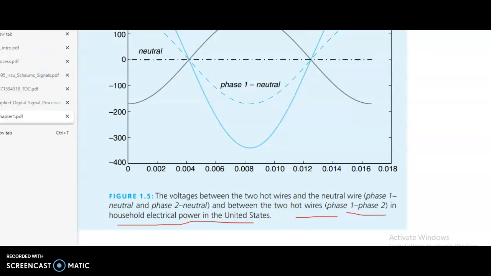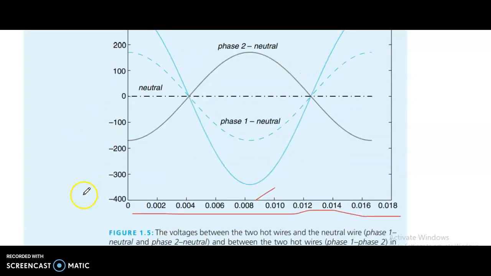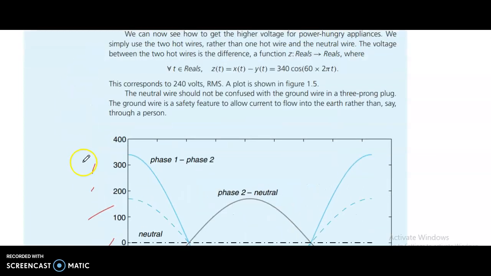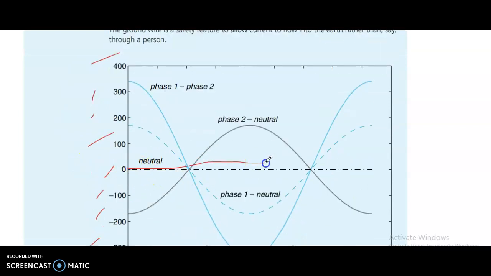On the x-axis: 0.002, 0.004, 0.006 up to 0.018. On the y-axis: minus 400, minus 300, minus 200, minus 100, 0, 100, 200, 300 up to 400. This is the neutral point, the dot, long thin chain line.